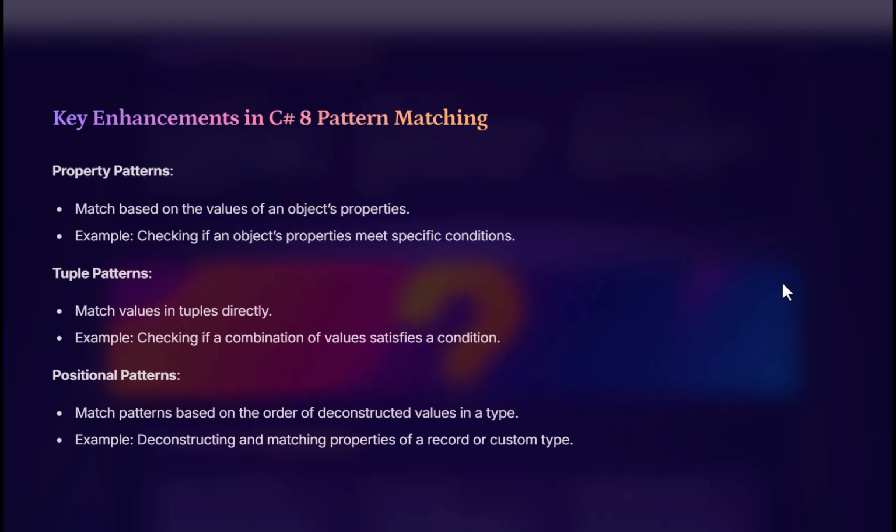By leveraging these patterns, you can simplify complex conditional logic, reduce code complexity, and write more maintainable applications. As you practice this concept, think about how it can enhance your existing projects and make your code more readable and efficient. And see you in the next video.